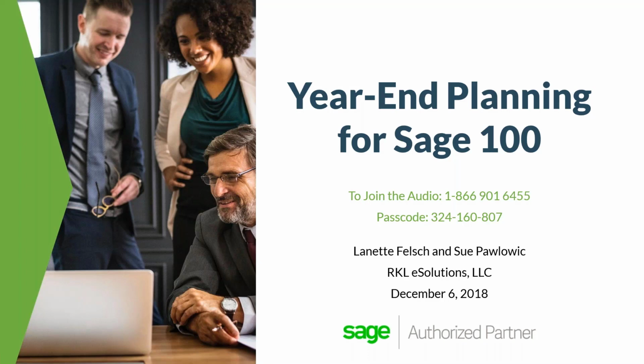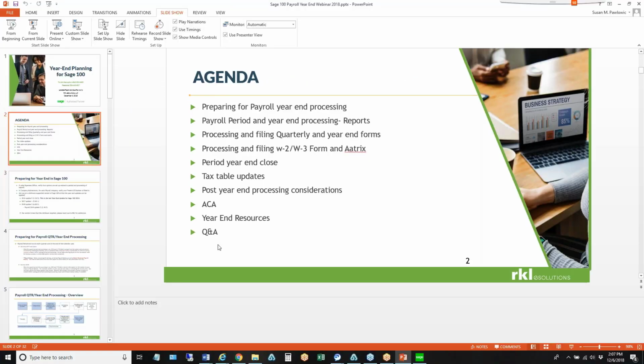And here are the topics that we'll be covering today: preparing for payroll year end, generating the reports and where to go to get them, filing your quarterly and year-end reports, processing your W-2s and W-3s, period end closing, loading your tax tables for next year, some considerations for year end, and a little bit about the Affordable Care Act and how to generate those reports in Sage 100, and some year-end resources that are available.